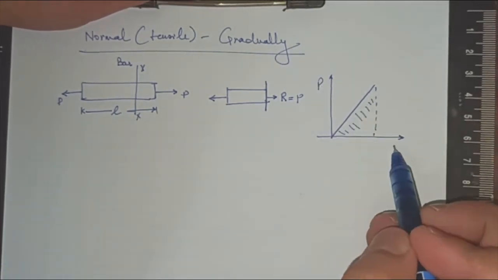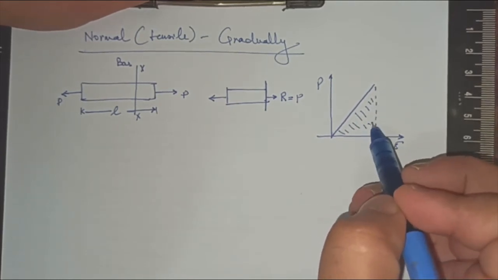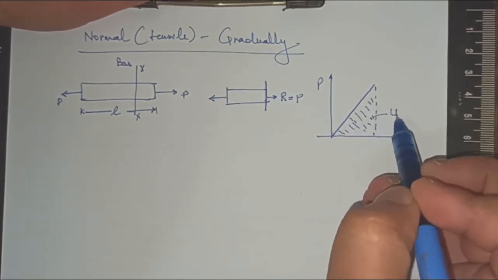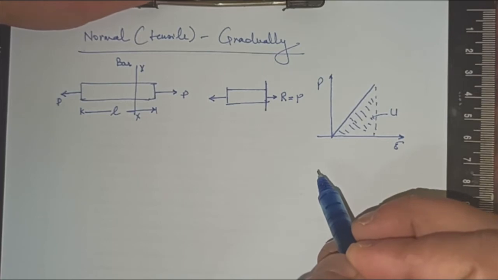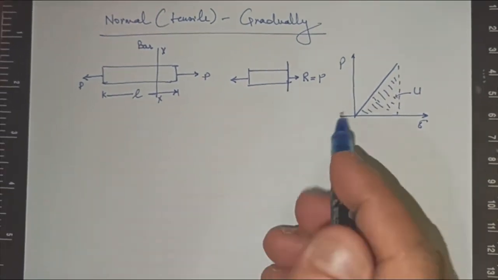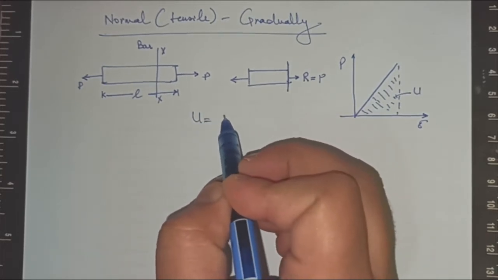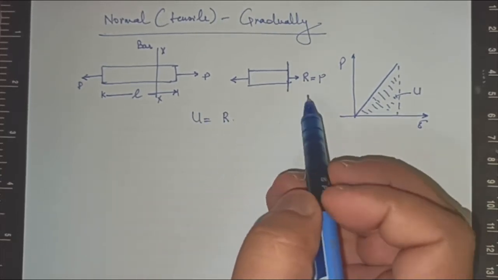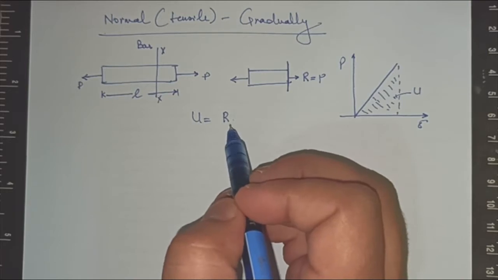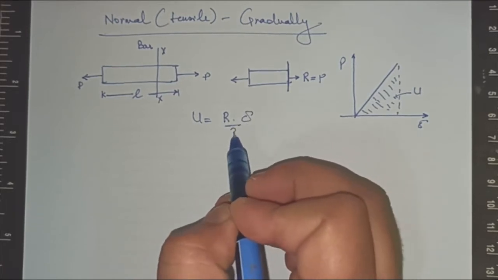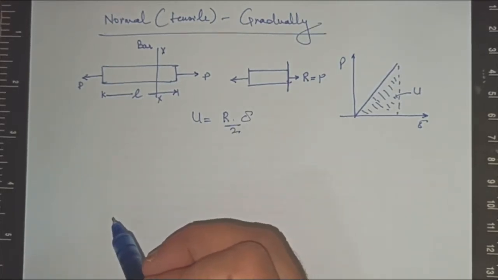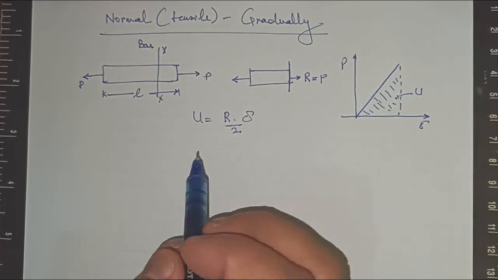So load displacement, and the area will be U. So in this case, what will be U? U will be R times delta by 2, the resultant times delta by 2. In the actual case, that is your R.